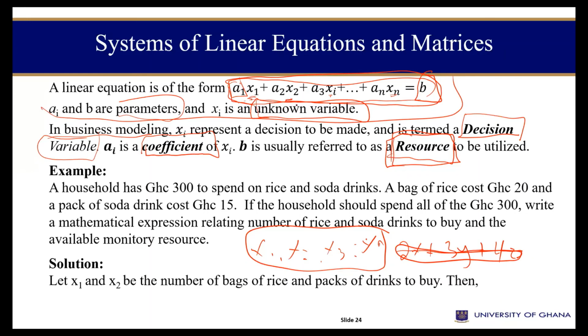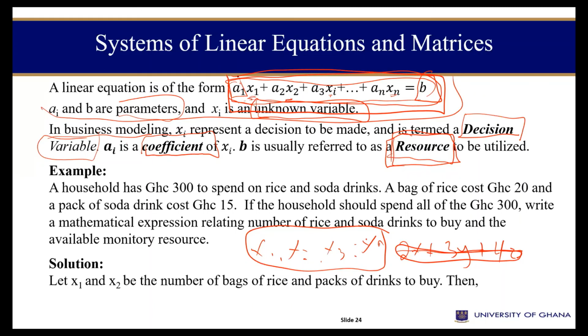So if I have any given equation in this form, I need to be able to identify three things: the decision variables, the coefficient of the decision variables, and the resources that are what? Available. Please, is that okay? Yes, sir. Okay, good.